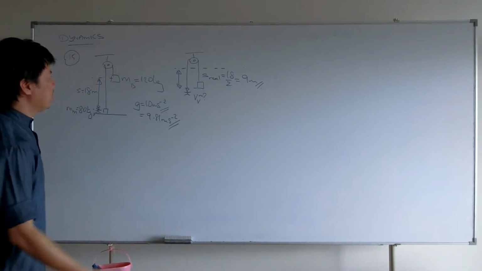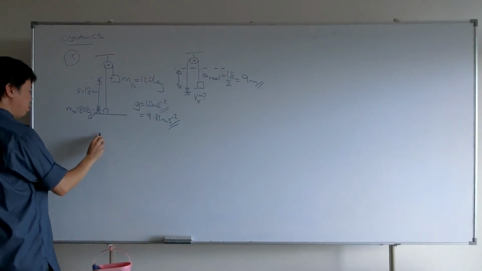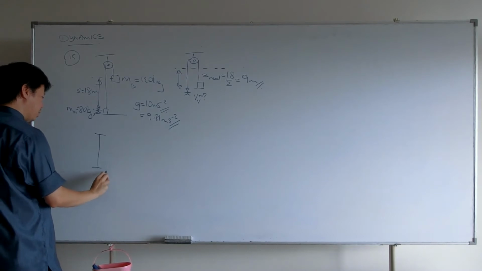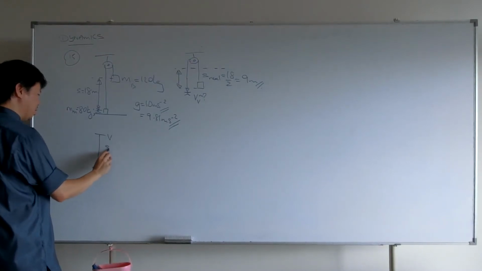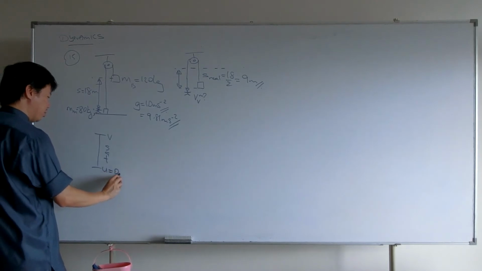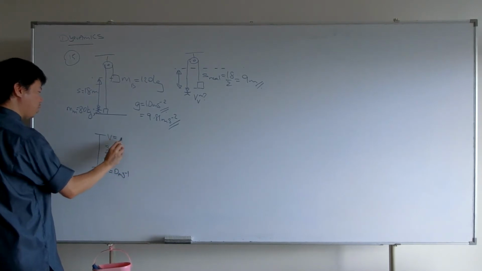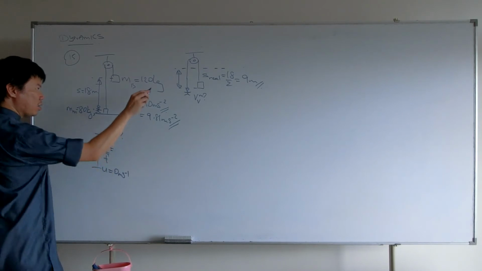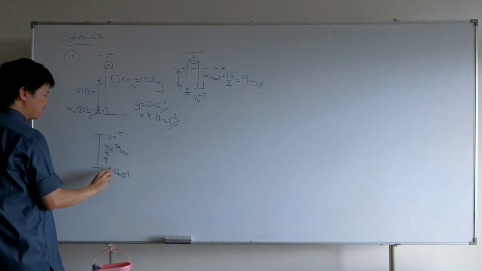So let's begin our UVAST list, because it looks like a UVAST question. U, initially 0 meters per second. We have to find V. S here correctly is 9 meters.